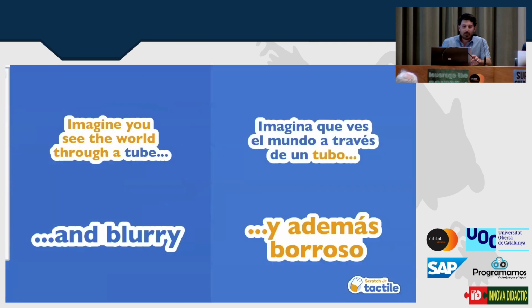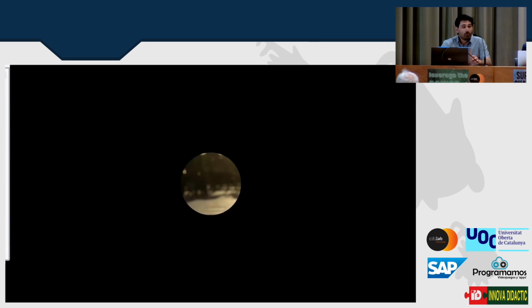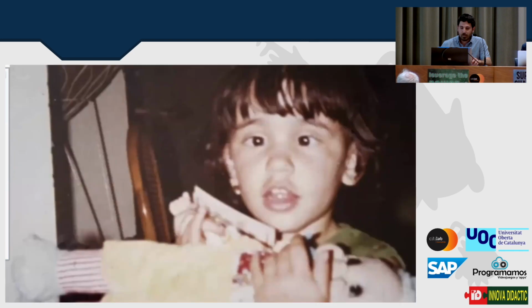So what's Scratch Jr Tactile? Imagine you see the world through a tube, and blurry. And imagine that you are at school, on the streets, or trying to play with your mates. It would be difficult, right?